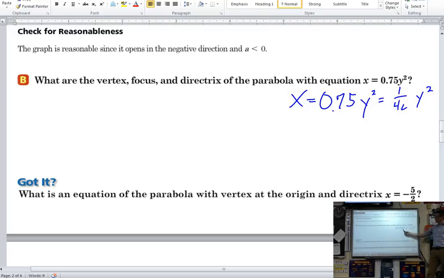So this is really 3/4. So what we can see from here is 3/4 equals 1 over 4c. We can cross multiply here if that helps us. We get 12c equals 4.